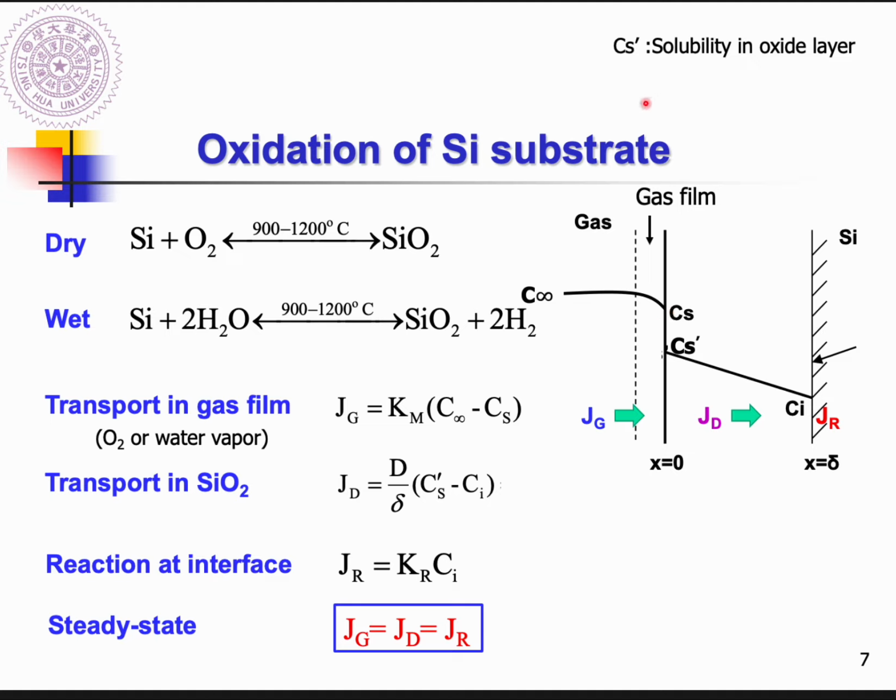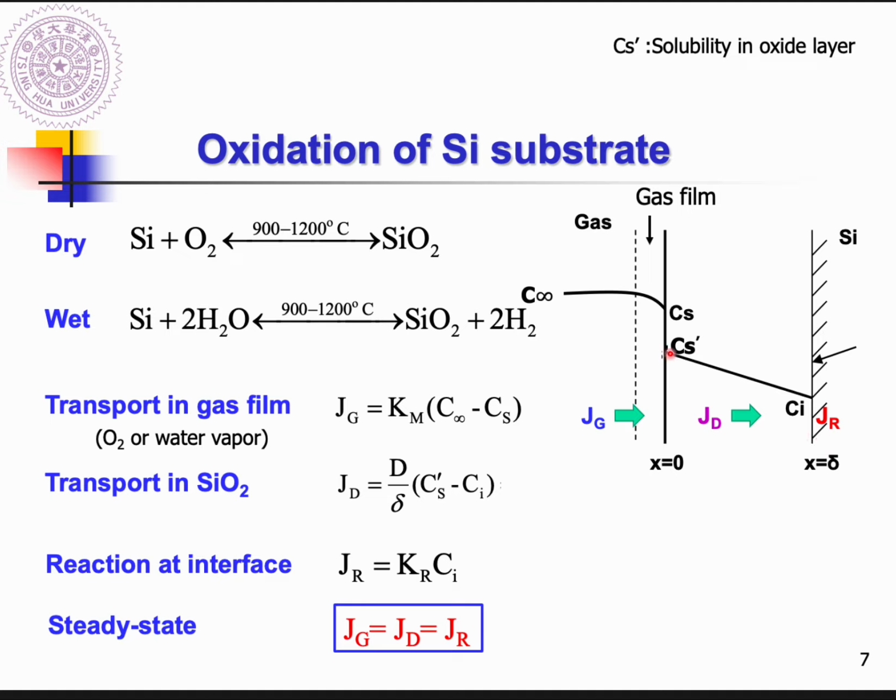And when the oxygen wants to diffuse into the silicon, there's what we call the solubility of oxygen inside this oxide layer. We call it Cs prime. And as you know, when you have silicon dioxide, the thickness gets thicker and thicker to delta.